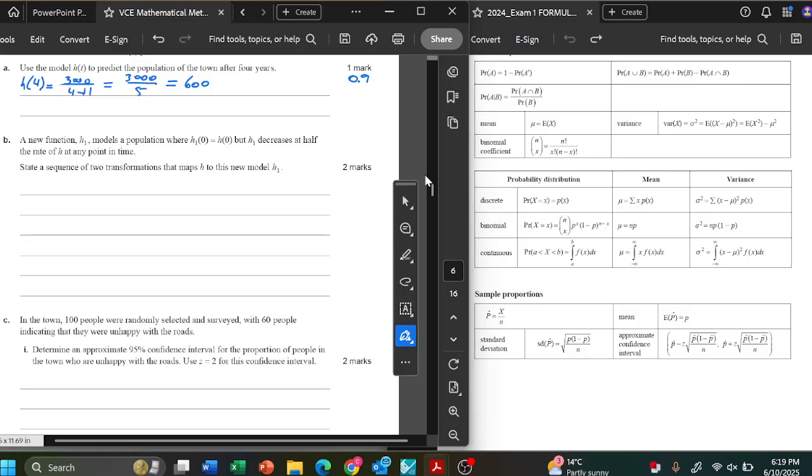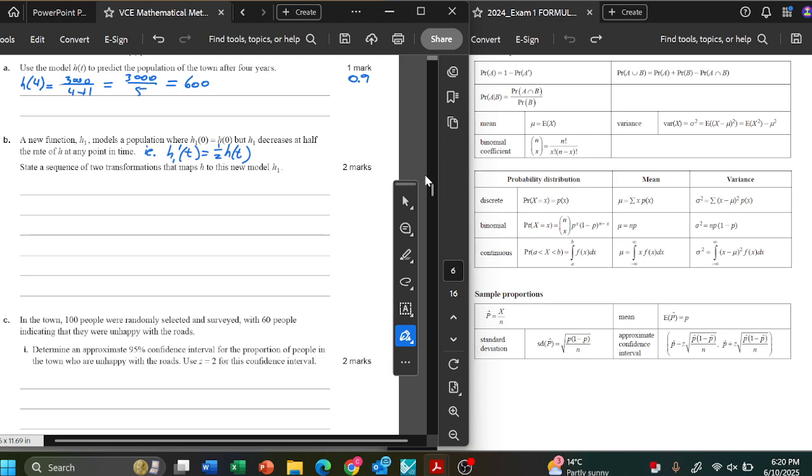So we've got a new function now, h1, that models a population. We know that h1 when t equals 0 is equal to h when t equals 0. We also know that h1 decreases at half the rate of h at any point in time, or in other words, the derivative of h1 is equal to half the derivative of h.